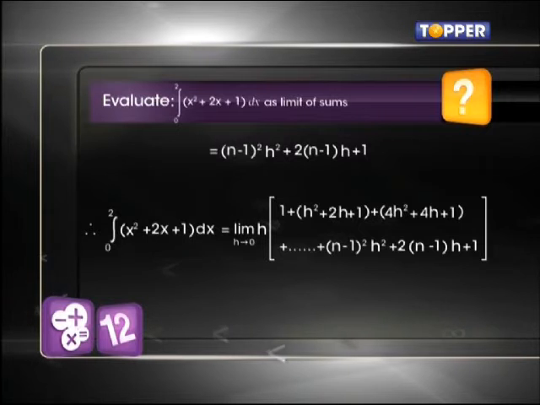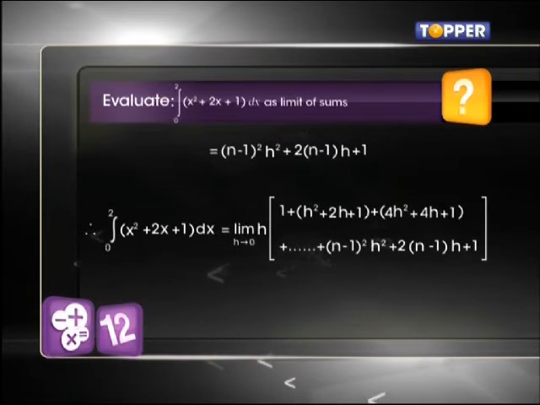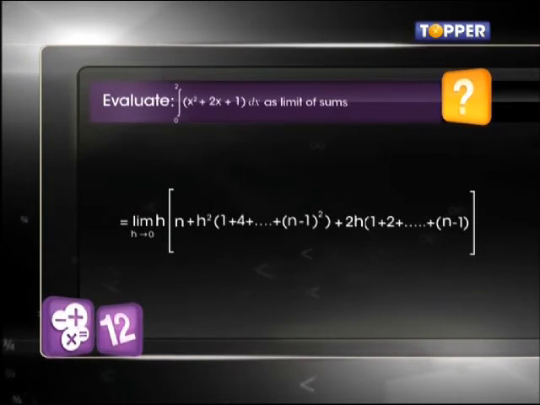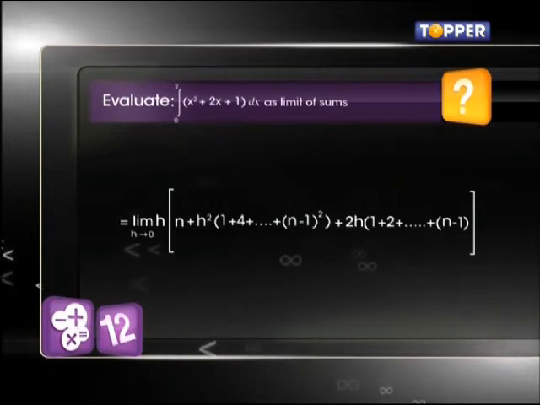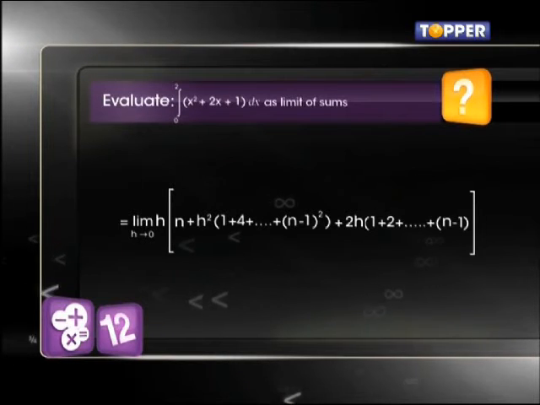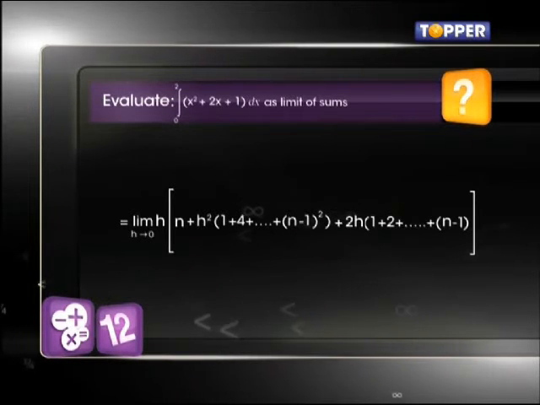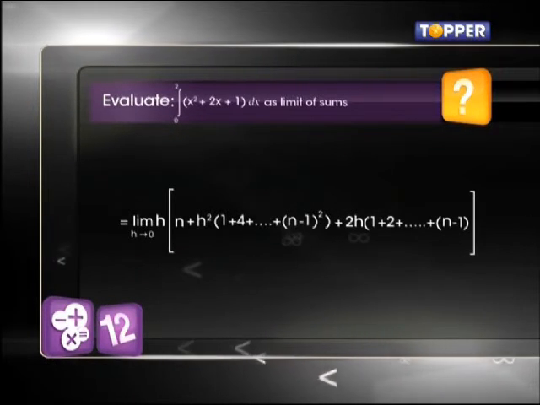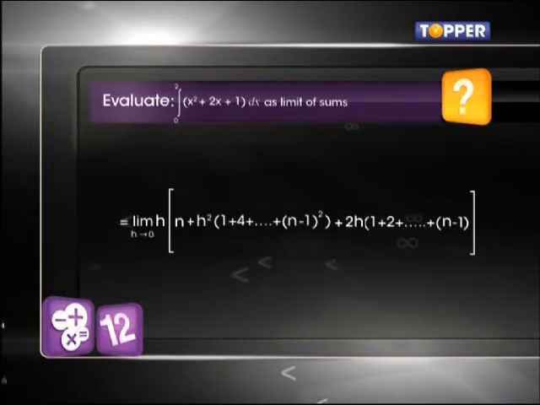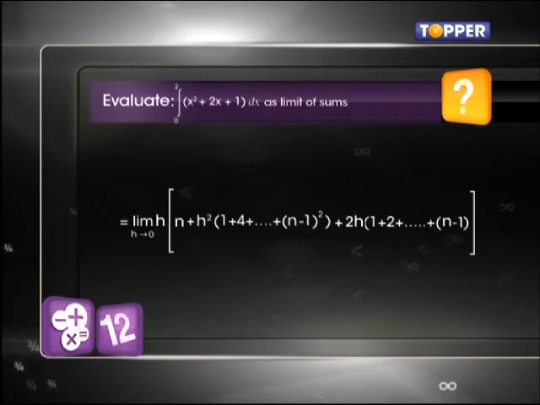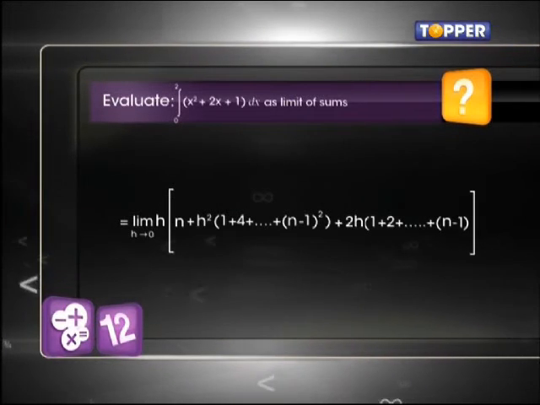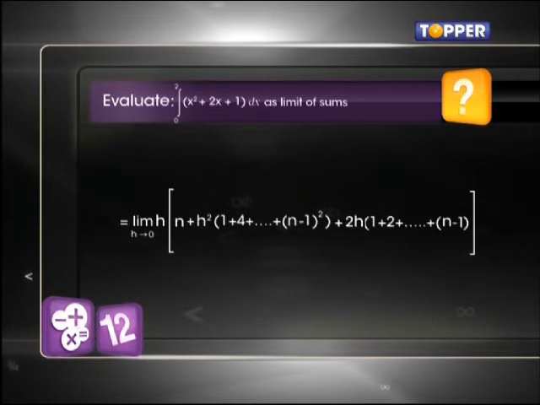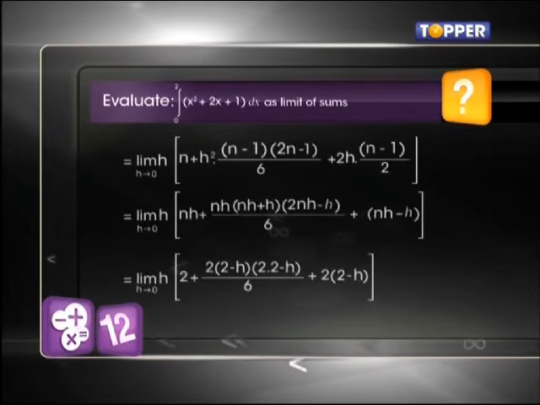This gives us, on substituting in the formula of limit of a sum, limit h tends to 0, h into (n plus h square into sum of squares of first n minus 1 natural numbers plus 2h into sum of first n minus 1 natural numbers).